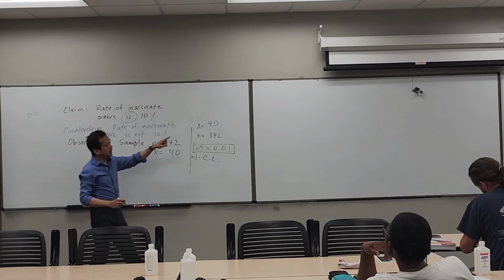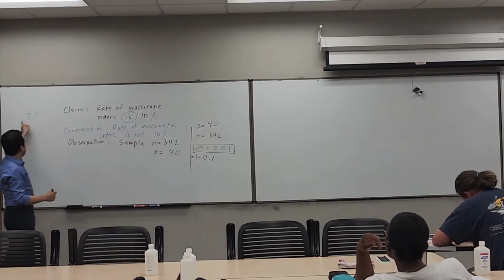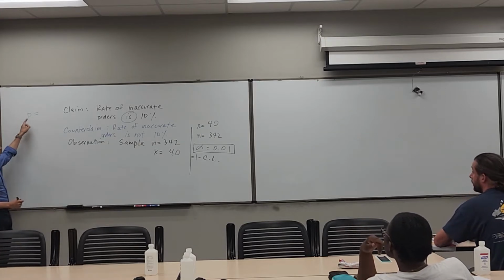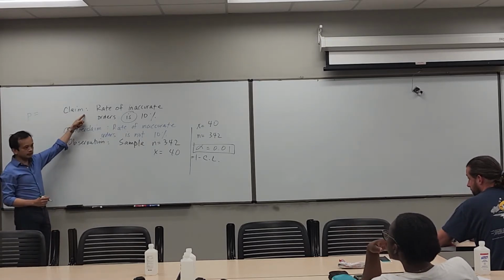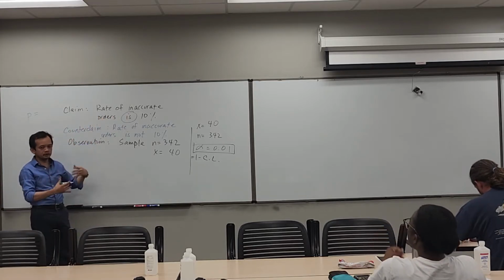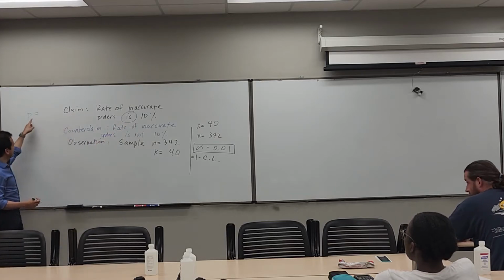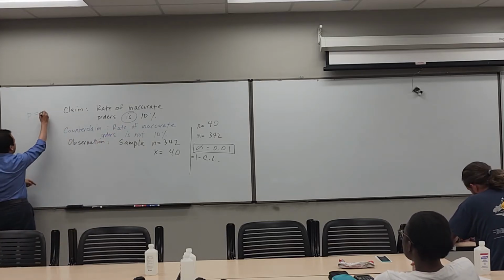This 40 is the number of successes, but it's for the sample. So we're dealing with a proportion of success, but for the whole population. So that has to do with this claim. So the claim is saying the rate of inaccurate orders for the whole population or for the whole restaurant is 10%. So if the claim is true, the mathematical statement is P equals 0.1.